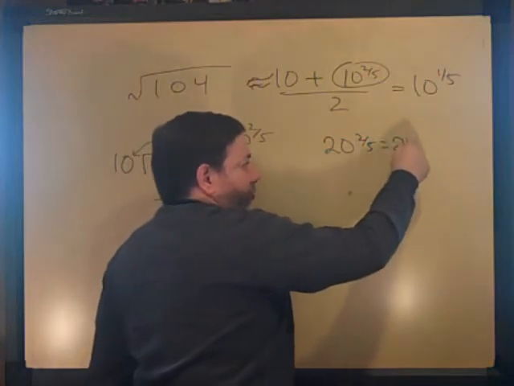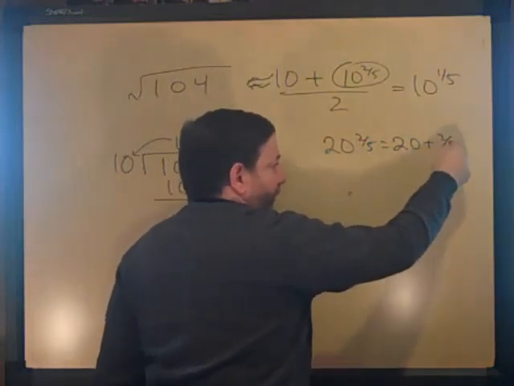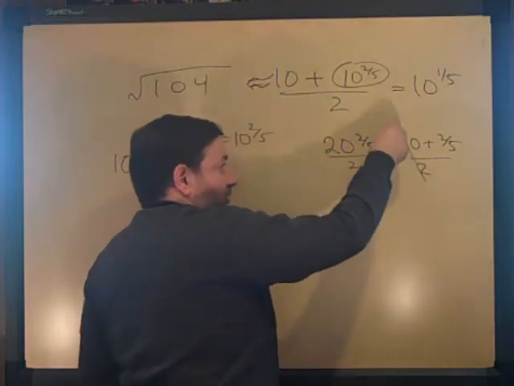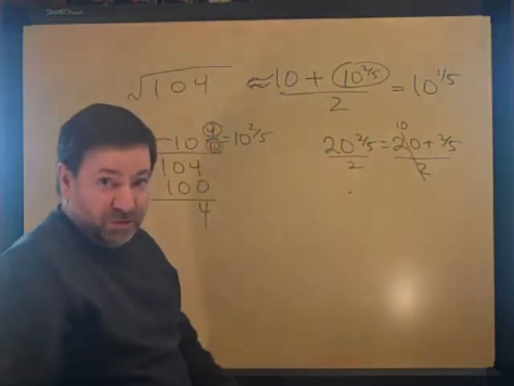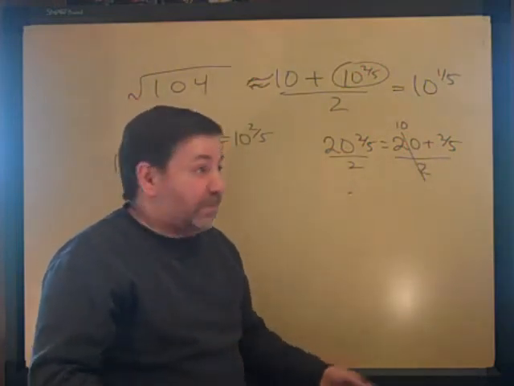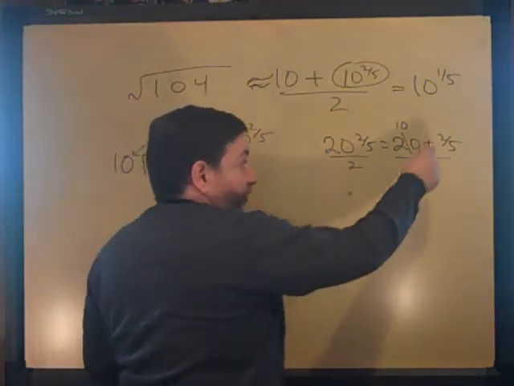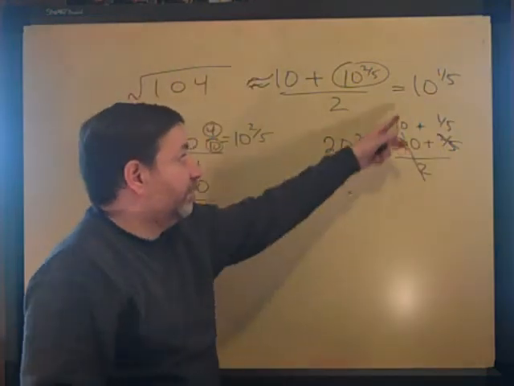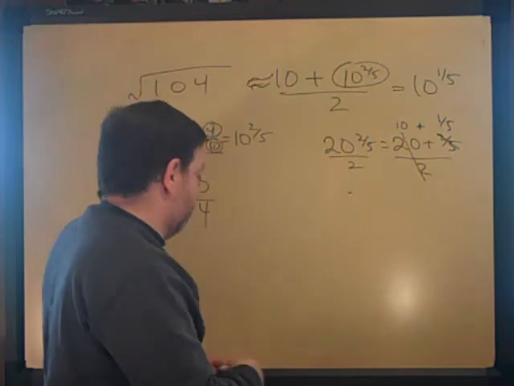Remember, that means 20 plus 2/5. And you want to divide it by 2. Well, 2 goes into 20 10 times. And if you have 2/5 and you share it between two people, you divide it by 2, it's 1/5. Get 10 plus 1/5, which is 10 and 1/5.